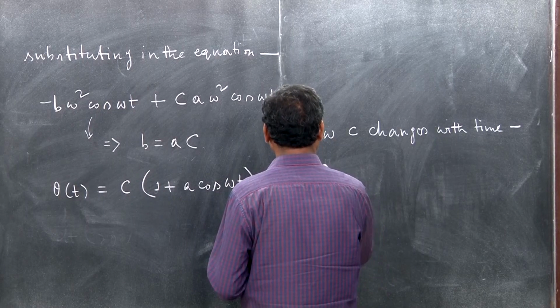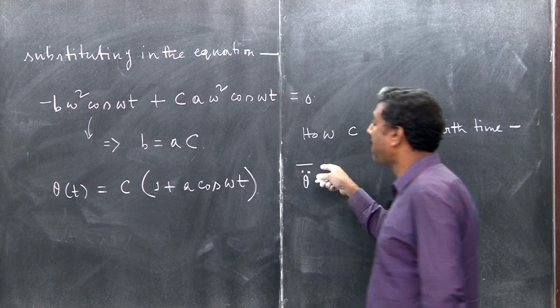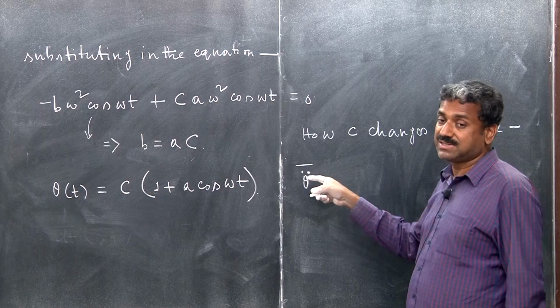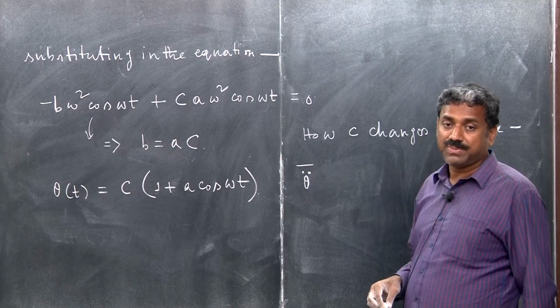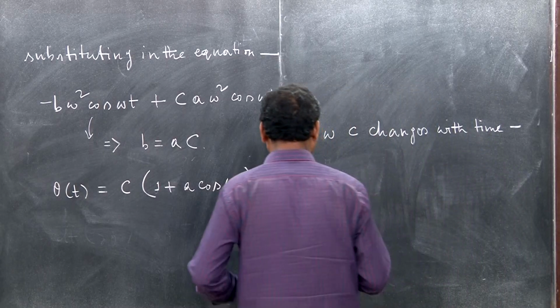We will try to find the average acceleration. When I put a bar, that means it is the average. In statistics, we put a bar to denote the mean, right? So we average over a cycle.